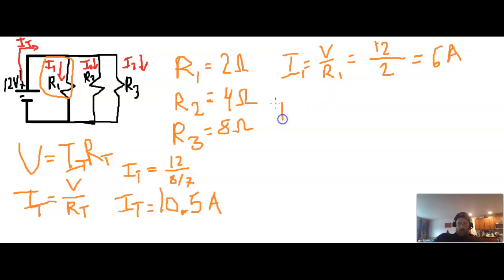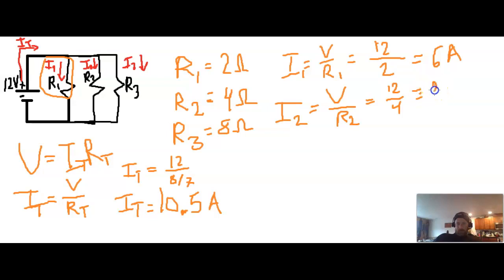Our current through the second branch, I2, is equal to V over R2. And remember, the voltage is the same everywhere in a parallel circuit. So the voltage across all of these resistors is the same. So that's just going to be 12 divided by 4, which is 3 amps.